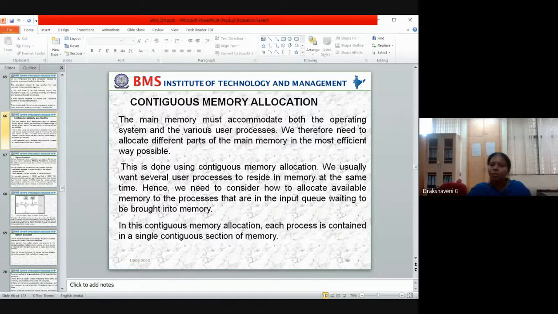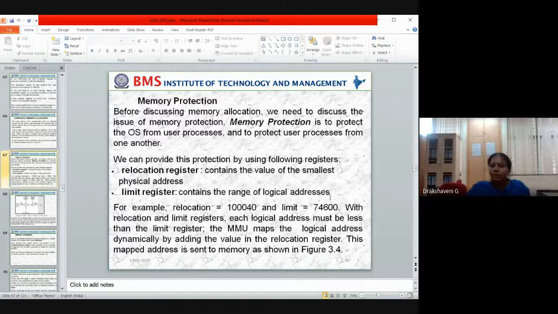Hence, we need to consider how to allocate available memory to the processes in the input queue waiting to be brought into memory. In contiguous memory allocation, each process is contained in a single contiguous section of memory. So whatever is there will be in one section, and for one section we have to give protection.